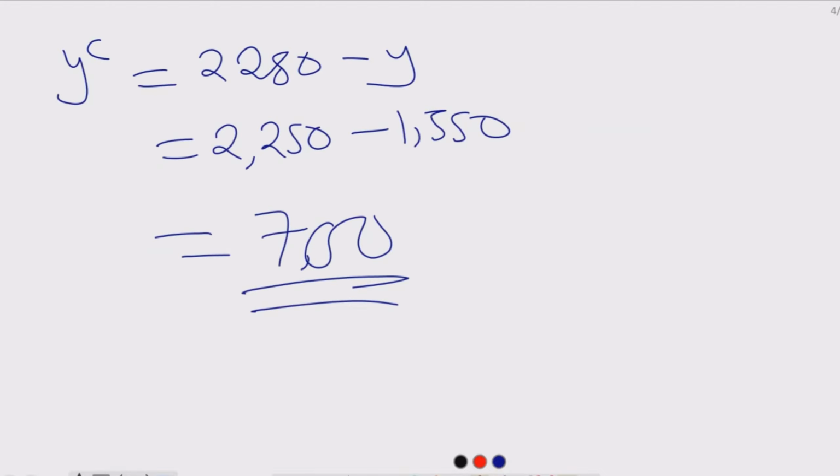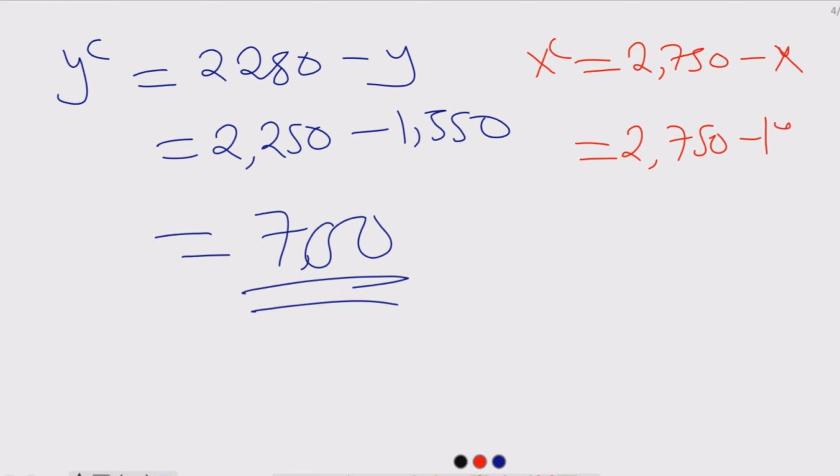So this is how you deal with this question. If you're interested in finding it for males, X complement is equal to the 2,750 males minus X, so 2,750 minus 1,450.